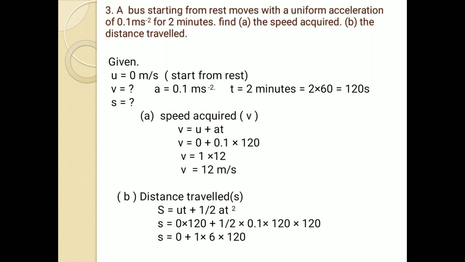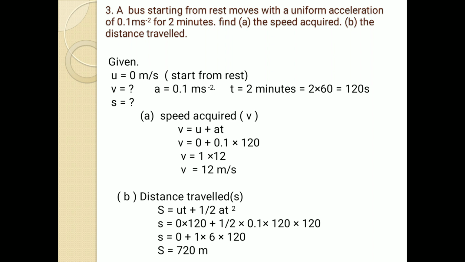That is 12 only, no. So directly I have removed here. So 0.1 into 12, or else you can remove like 2 ones are 2, 6 are 60, right? So 120 becomes 60. 60 into 0.1 becomes 6. Is it clear? So 1 into 6 into the last one, 120 I have written as it is.